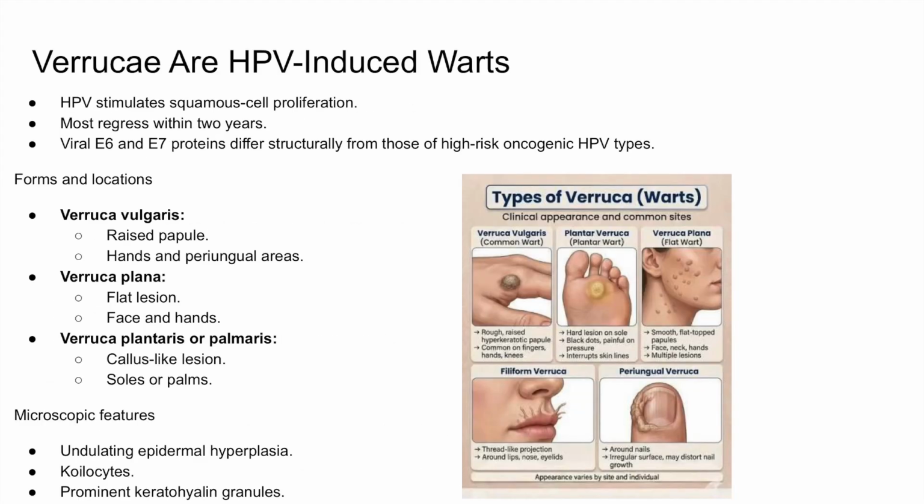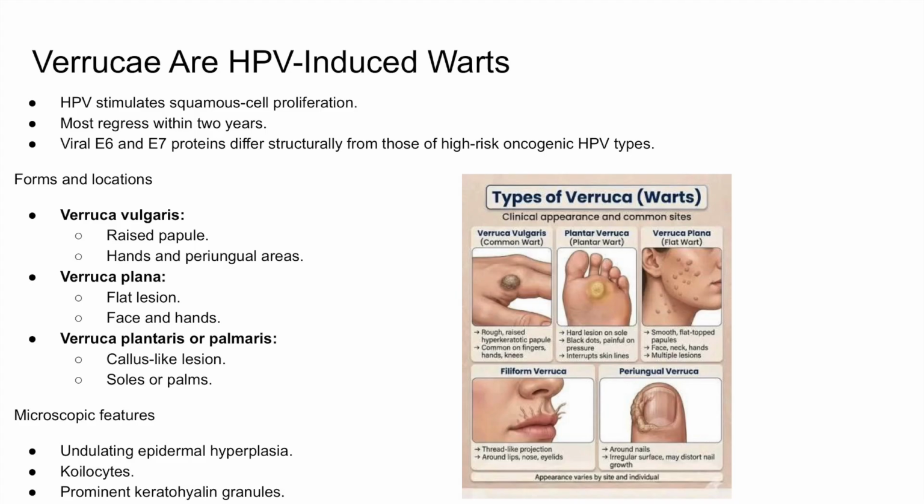All right, so verruca are benign proliferations of keratinocytes caused by cutaneous human papillomavirus, or HPV. Verruca vulgaris produces rough raised papules, commonly on the hands and around the nails. Verruca plana produces smoother, flat-topped lesions on the face or hands, while plantar and palmar warts appear as callus-like lesions on pressure-bearing surfaces. Plantar warts may show black dots representing thrombosed capillaries and characteristically interrupt normal skin lines.